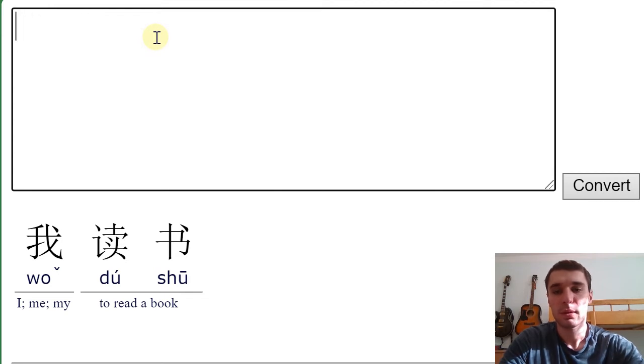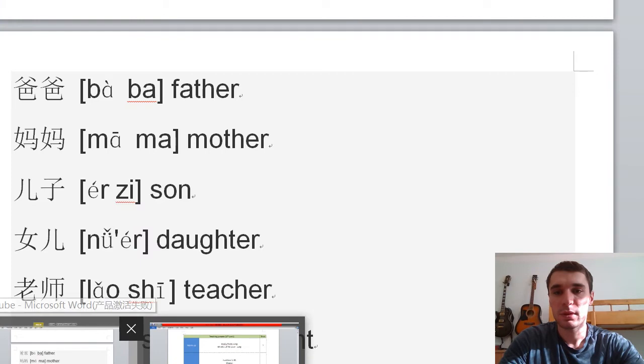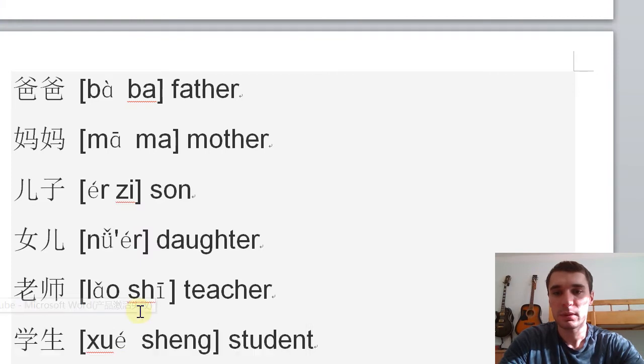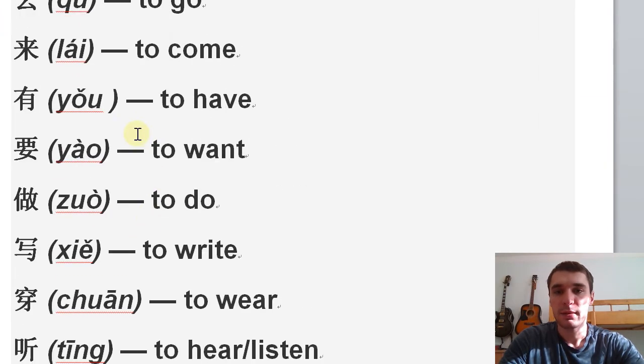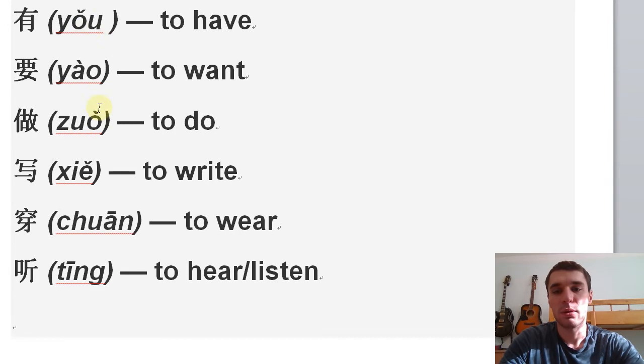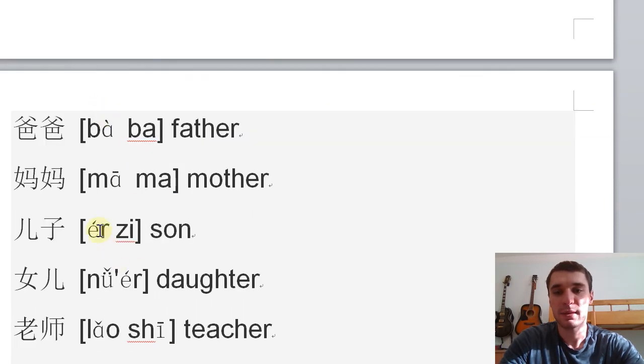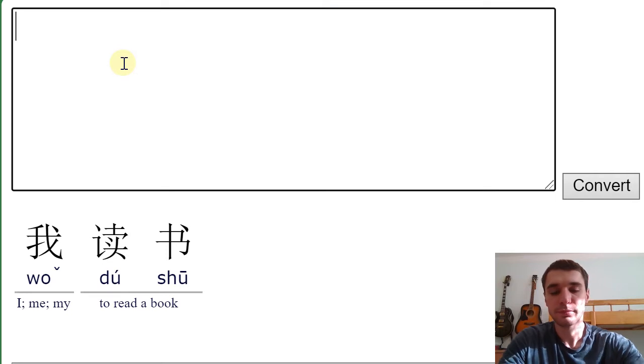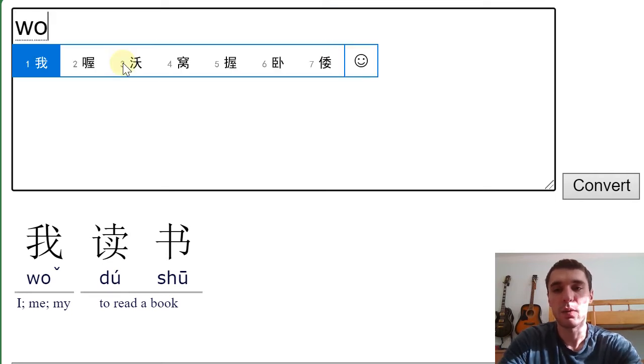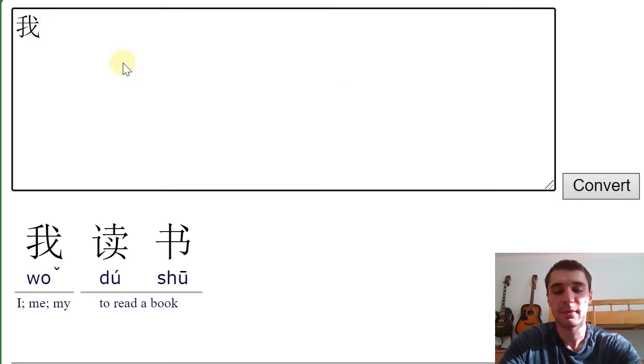Okay. Some other examples. How to say, for example, I have. Have is 有, right? I have a son. Son, 儿子. I have a son. Try to say it in English. So, 我 have.